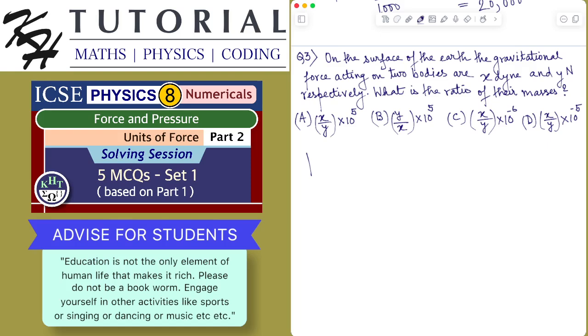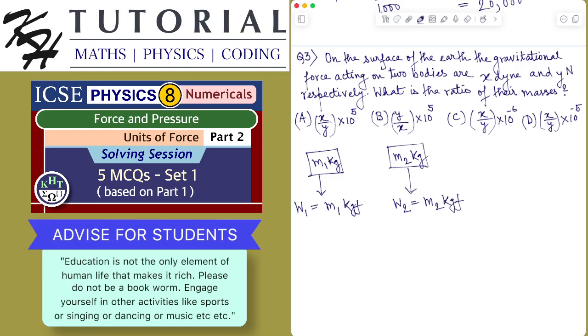Okay, so let's say the mass of the first body is m1 kilogram. Obviously, the weight of this body w1 will be equal to m1 kgf. Let's say the mass of the other body is m2 kilogram. So its weight w2 will be equal to m2 kgf.